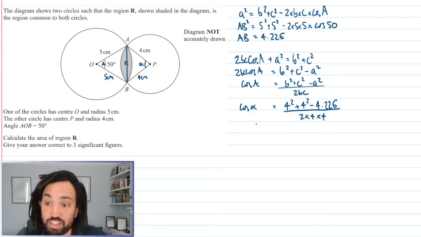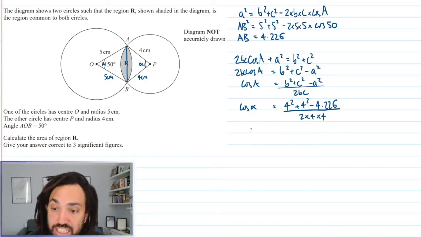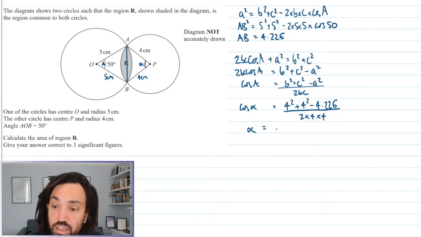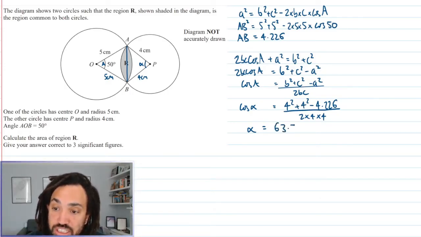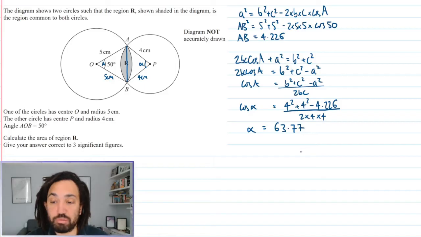Okay, so we can get a value for that. It will be a decimal value, and then we'll take the inverse of cosine to find alpha, and we get an angle of 63.77 when we put that into our calculators.